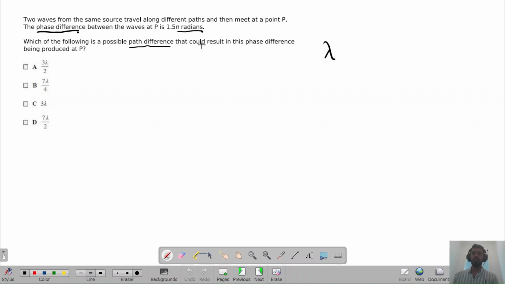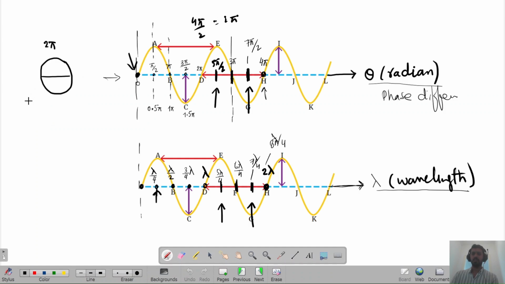Now coming back to this question, the question is 1.5 pi radians correspond to a path difference of which of the following options is correct for path difference. So let's go back to these diagrams. Let's see where we have 1.5 pi radians. This is the point C. So this point that we called 3 pi over 2 is 1.5 pi radian.